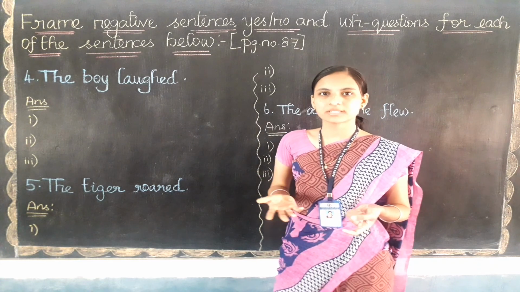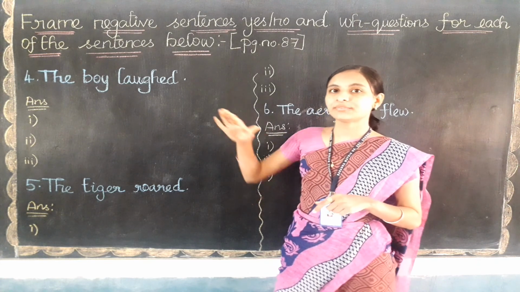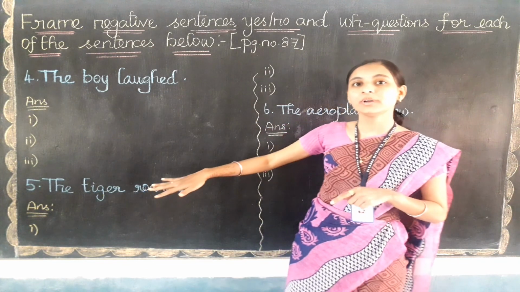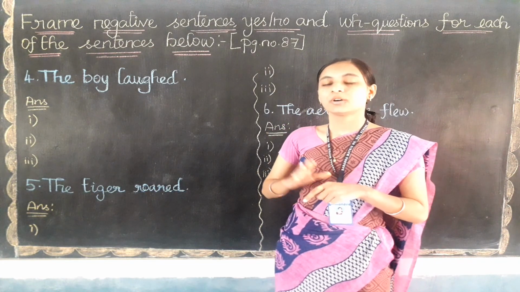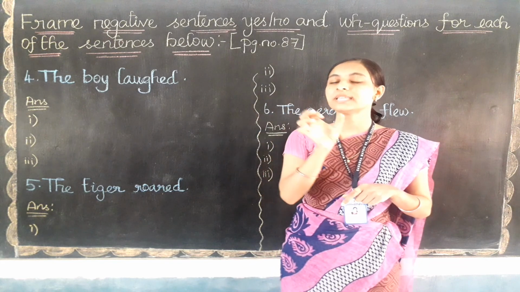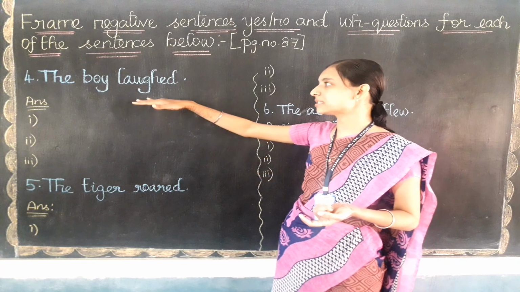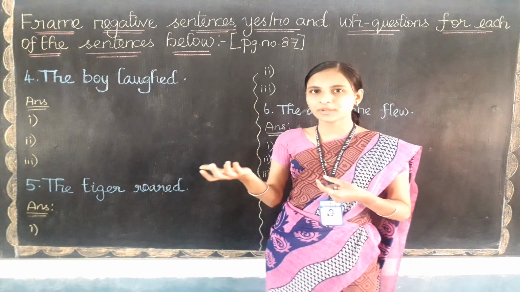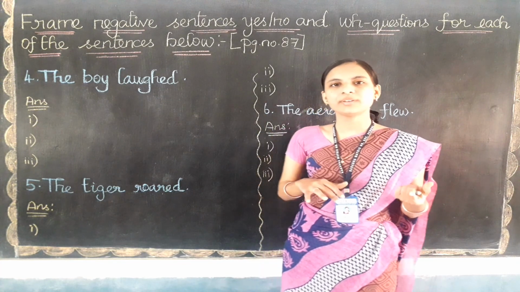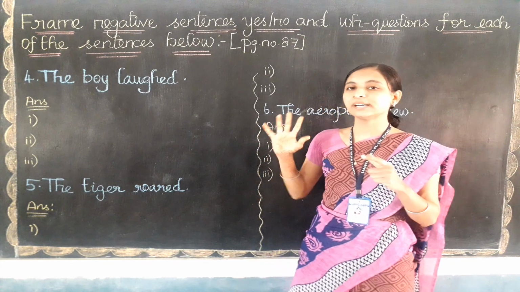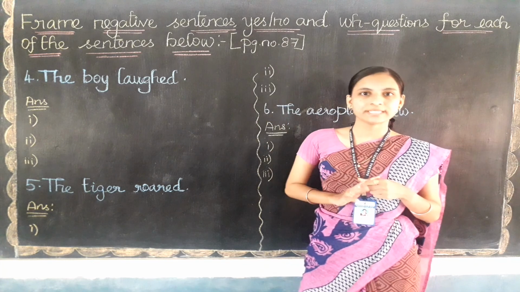So keep in your mind, if there is a big sentence only, we use the do family verb while making a WH question: the WH word will come first, then the do family verb, and then all other words. If the sentence is very small, we use the WH word and then the verb. We will be asking the question on the subject only. Okay, I hope you are clear with the recap. Let's start doing the exercise.